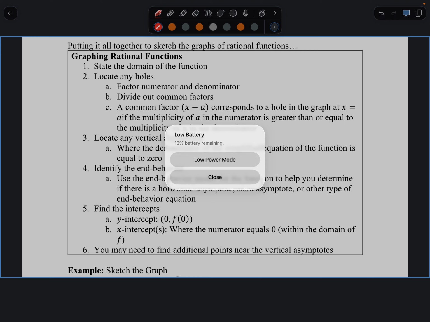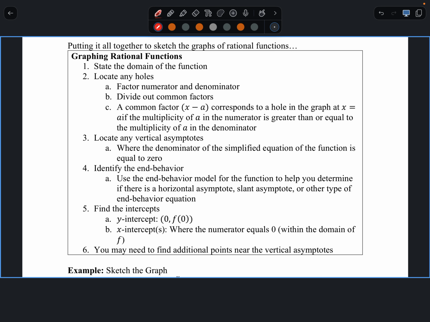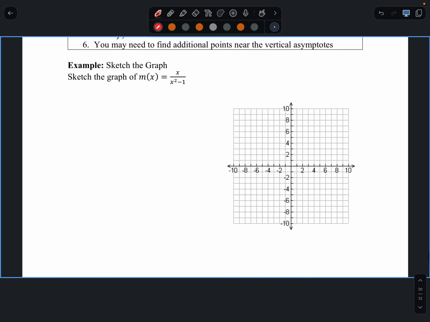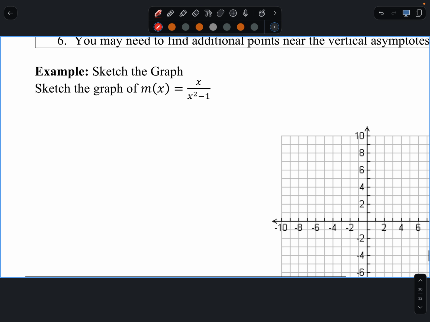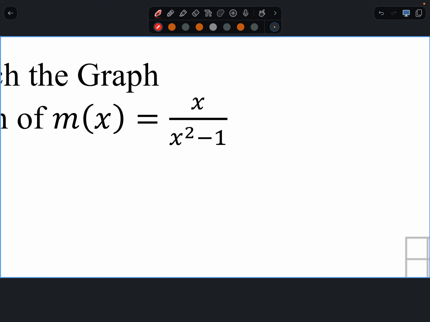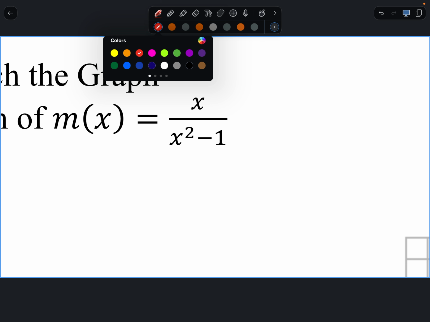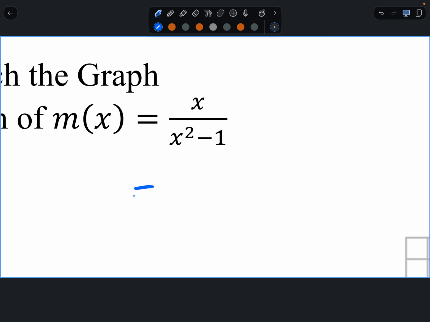The end behavior model simplifies to 1 over x, which means as x approaches positive or negative infinity, y approaches 0. And that means for end behavior, we can say there is what? What describes the end behavior of this rational function?